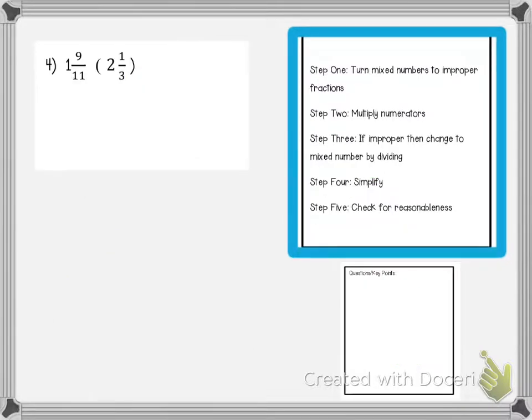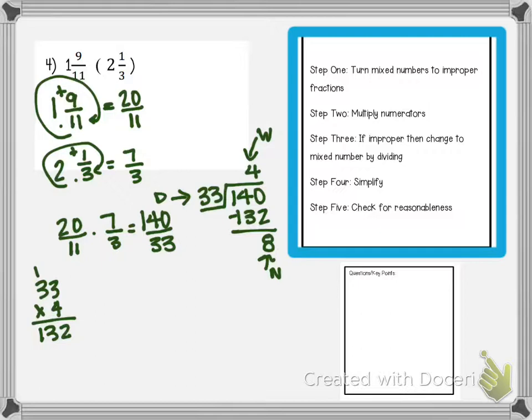I want you to press pause and try number 4 on your own and press play when you have your answer. Okay, so when you got your improper fractions, you should have gotten 20 over 11 and 7 over 3. So we multiply straight across and we get this improper fraction right here. Then we have to simplify, so we divide and we get 4 as our whole number.